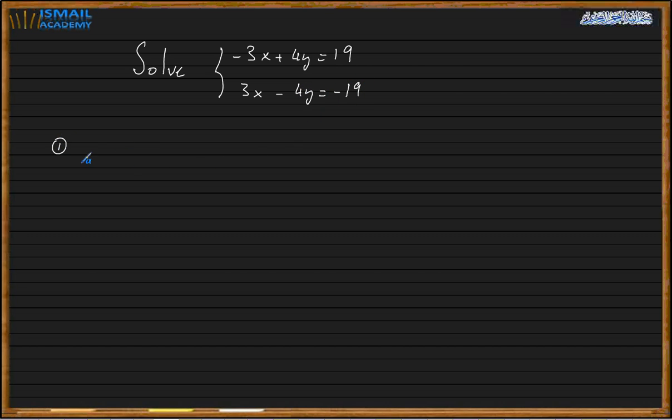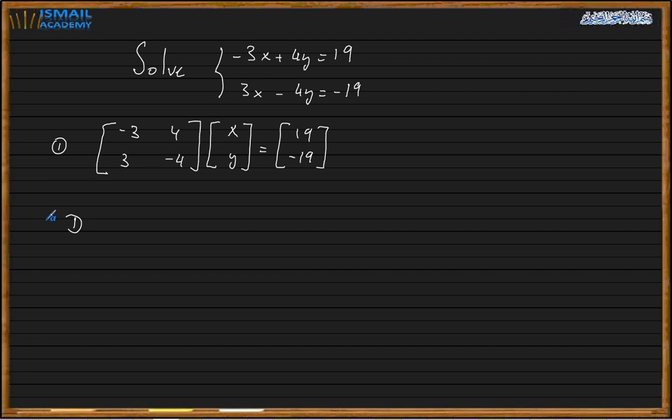So let's transform the system from standard to matrix notation. Minus 3, 3, 4, minus 4 times x, y equal 19 minus 19.